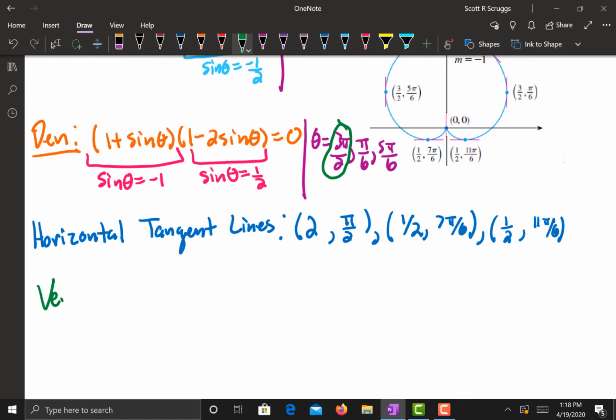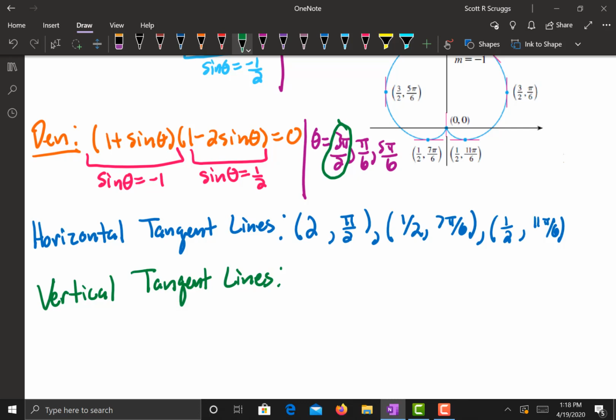And I could also go ahead and conclude whether or not I have a vertical tangent line. I skip 3 pi over 2 because at 3 pi over 2, both the numerator and denominator equal 0.